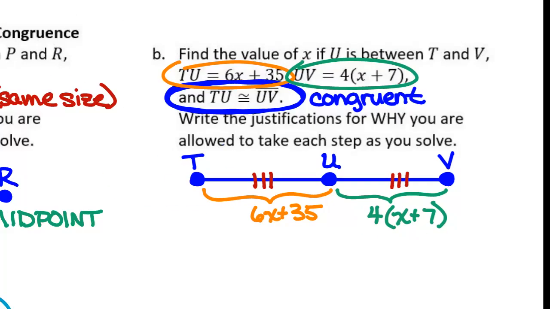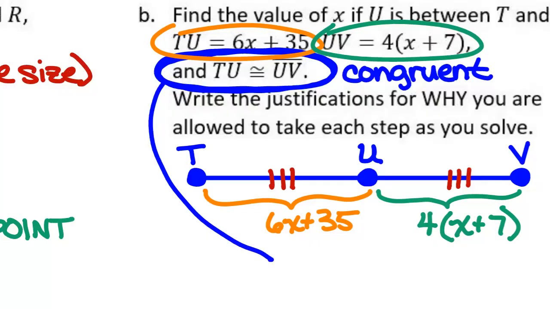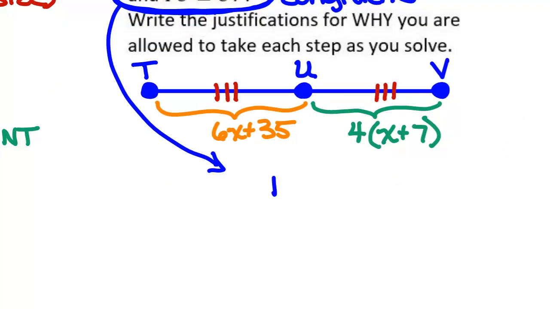First thing I'm going to do is write down my congruence statement again. Segment TU is congruent to segment UV. The very first thing I'm always going to write down on a problem where I have a midpoint or where I have two congruent segments.